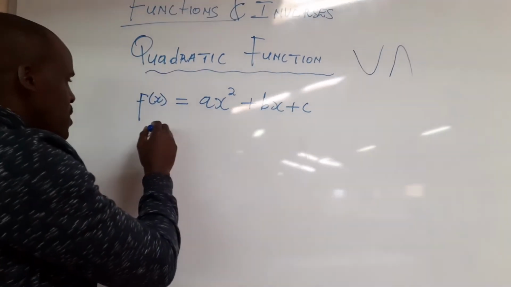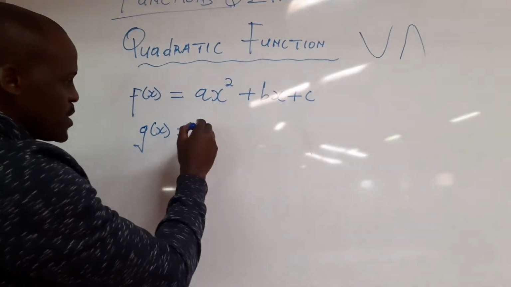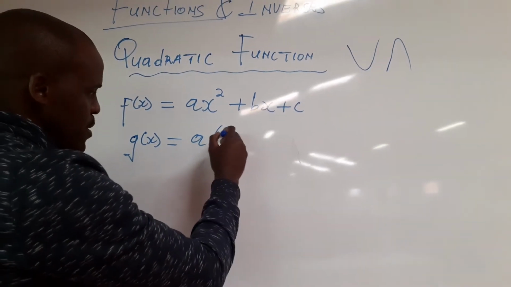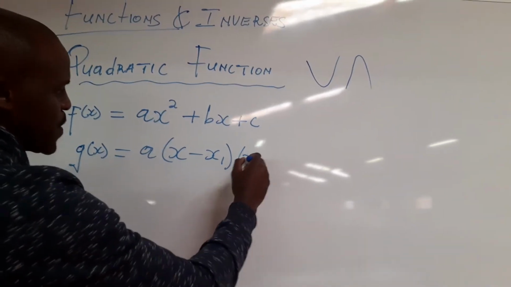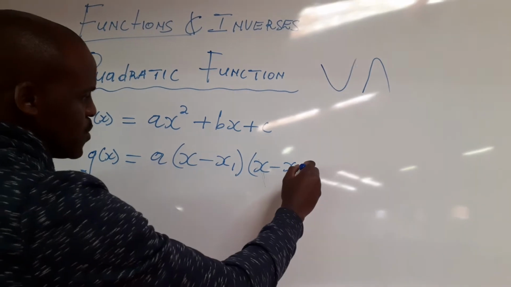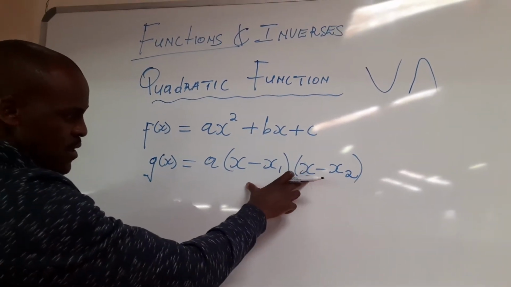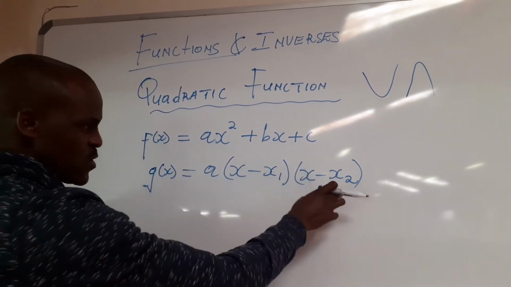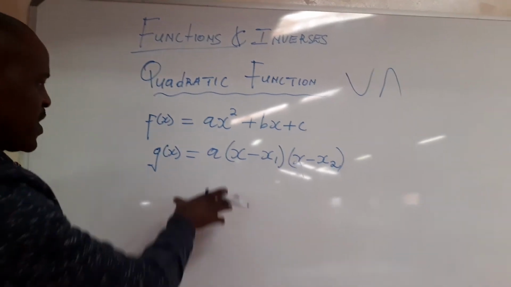Or it can have this equation: g(x) = a(x - x1)(x - x2). These are the roots, x1 and x2 are the roots, but let's continue. We are going to look back on this one.